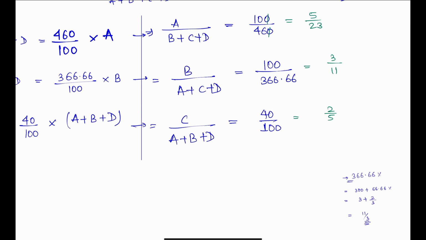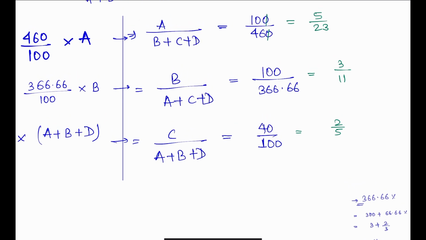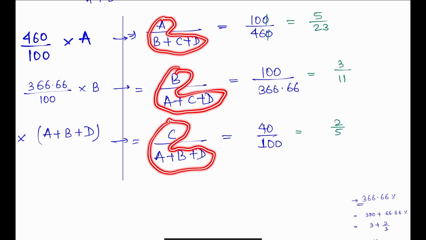is, by anyhow, we make this sum equal, because we know that this one is lacking A and here is A, this one is lacking B and here is B, this one is lacking C, here is C. So all I am saying is that the A plus B plus C plus D sum should be equal.